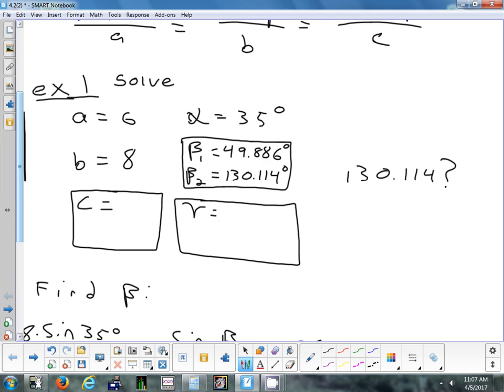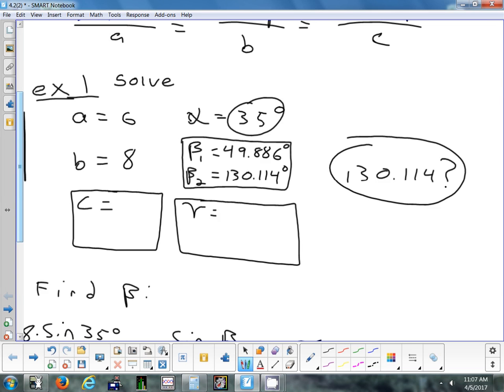Because that's going to change how we do the rest of the problem now. So we looked at the angle that was given, and we looked at the angle that we think would be the second answer, and if you add them together, they could fit in the same triangle. It's less than 180. If the second answer came out to like 170, then it wouldn't fit with a 35. It'd be too big.